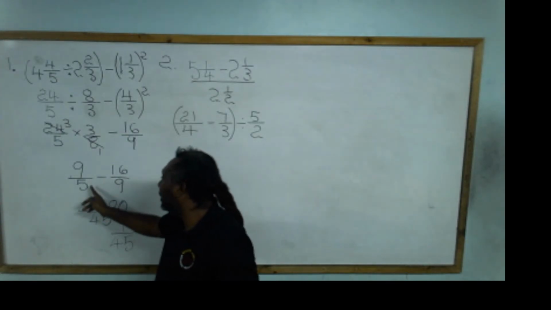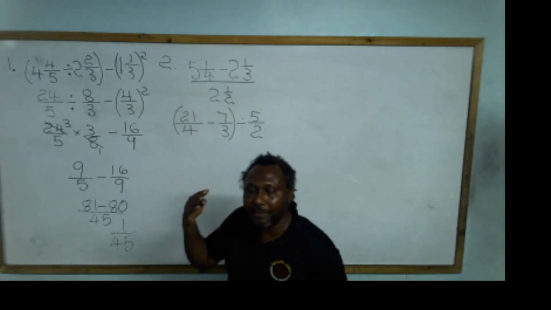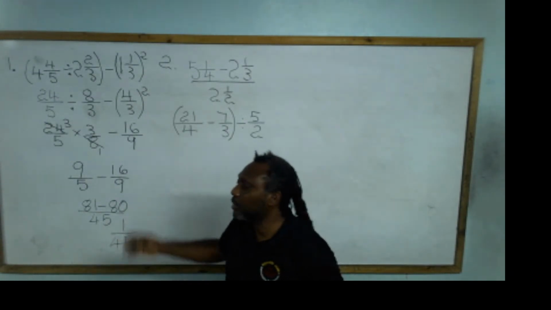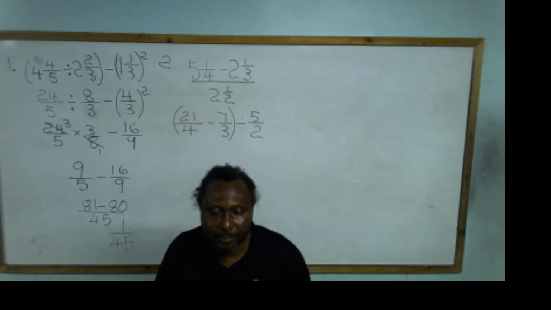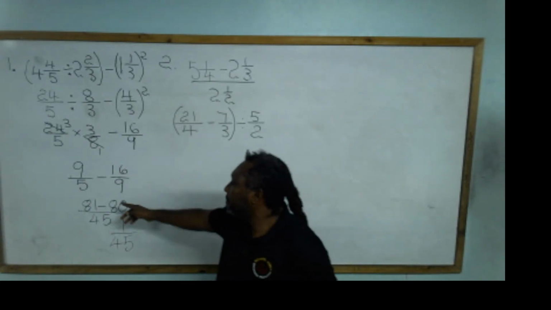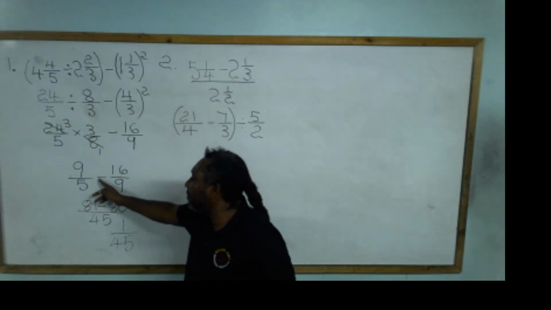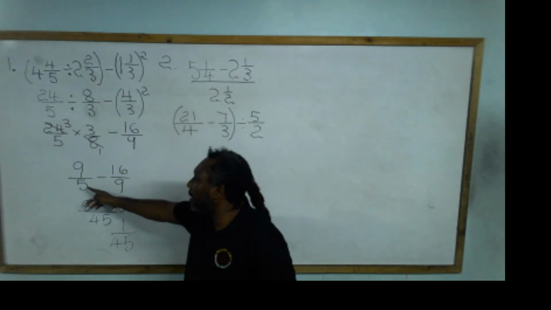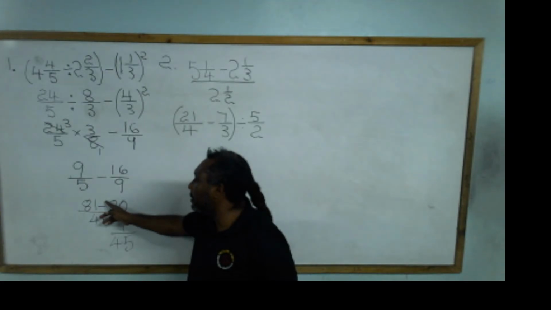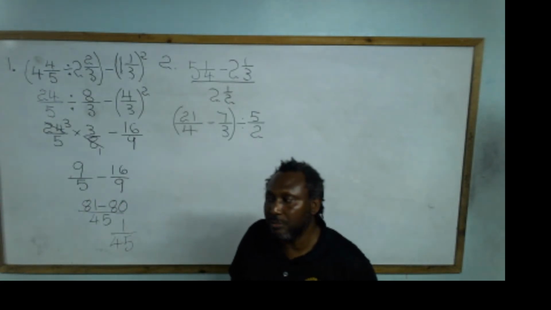Then we are going to subtract. And if I say add, it would mean the same thing because you understand from directed numbers that subtraction is merely adding in the negative direction. So here we have 9 over 5 minus 16 over 9. When adding or subtracting fractions that do not have the same denominators, what do we do?